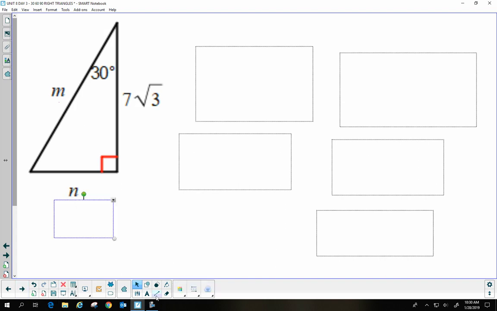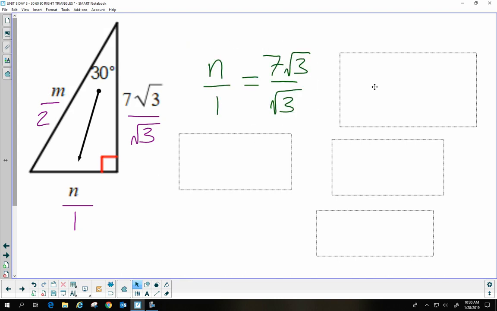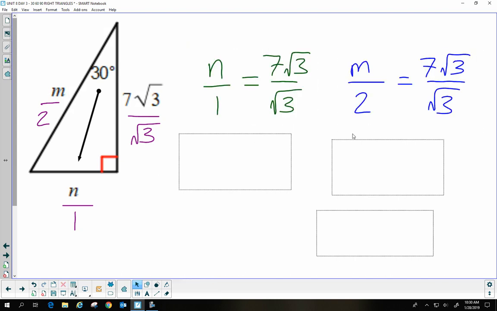So my side across from 30 is n, and we'll divide that by 1. My hypotenuse is m, we'll divide that by 2, and then the other side we divide by root 3. Again, they're only going to really probably show you one of the angles. Since that's 30, we have to know that that's 60. And so we can create these two proportions.